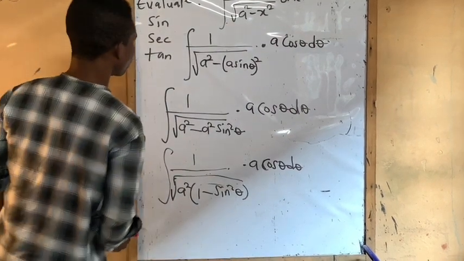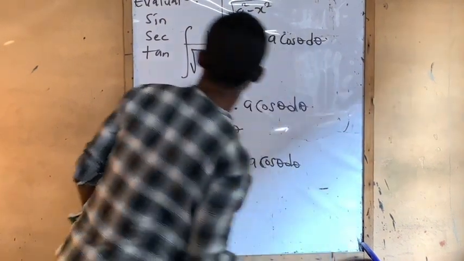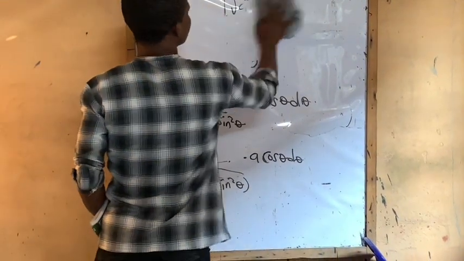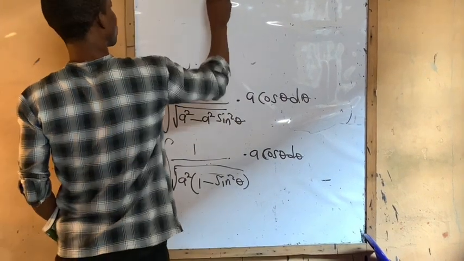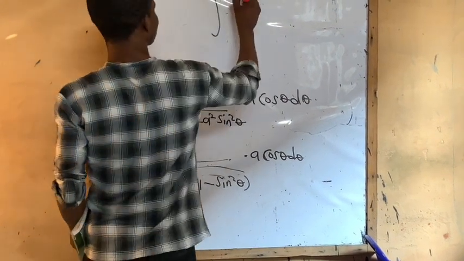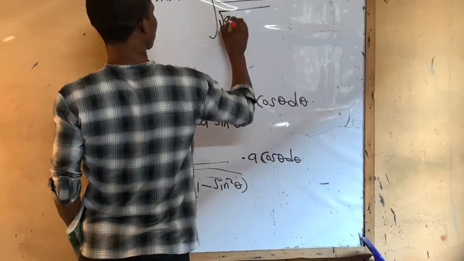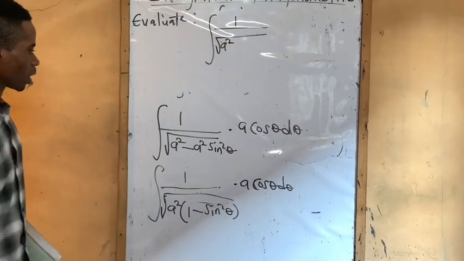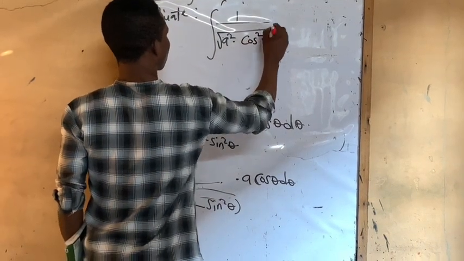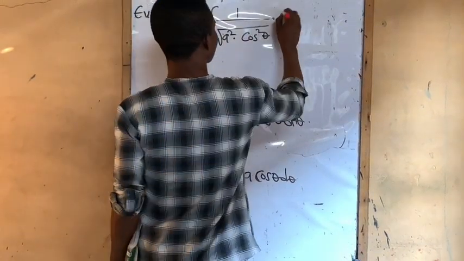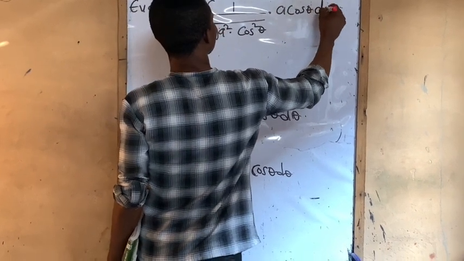After that, we all know that 1 minus sine squared theta is cos squared theta. It's leading us to something like this: integral of 1 all over the square root of a squared, 1 minus sine squared theta, that is cos squared theta, multiplied by a cos theta d theta.